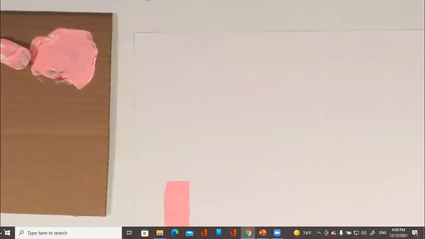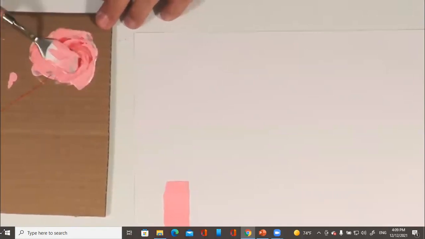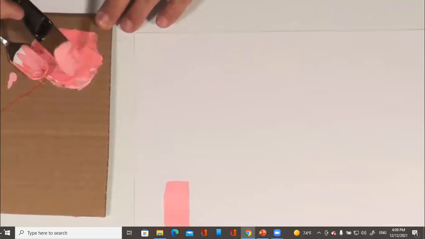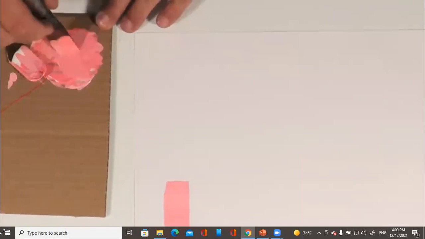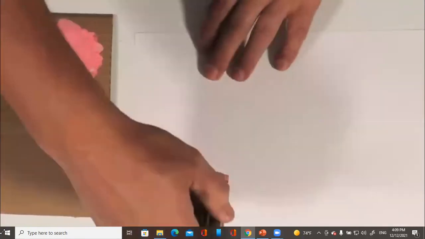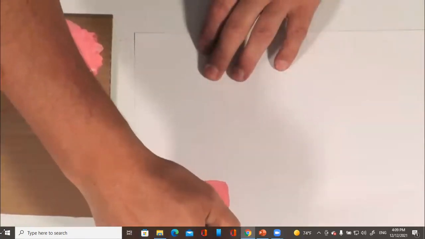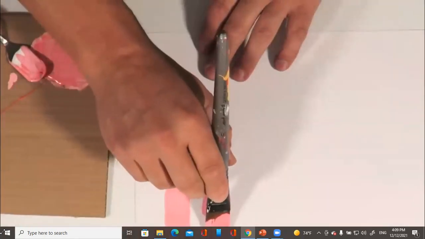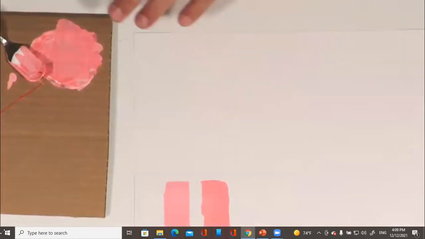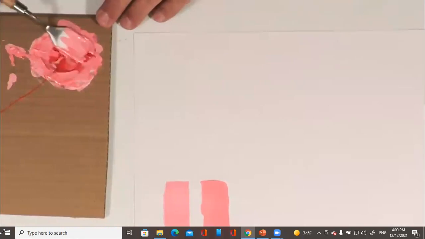Okay, now we're going to go a bit darker, a bit more red. A little bit darker again.